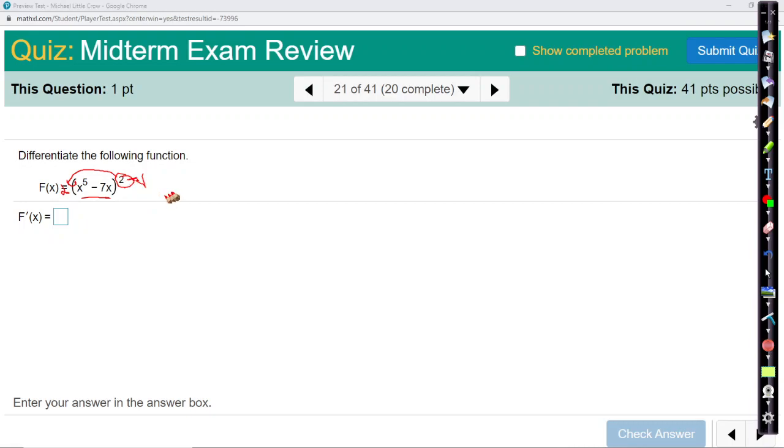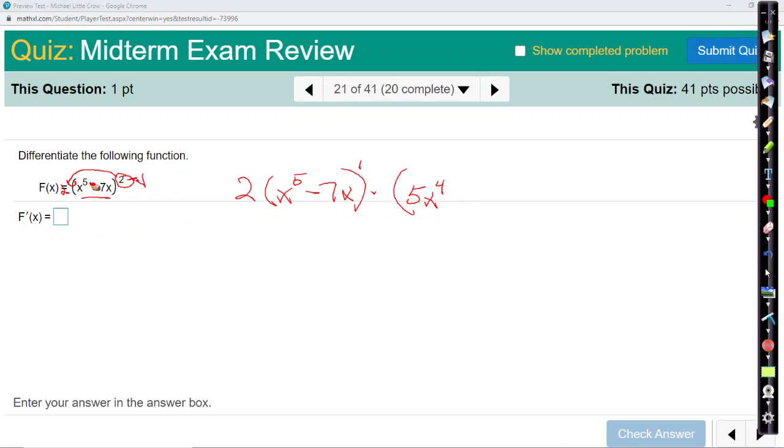And then we've got to remember the chain rule says then multiply by the derivative of the inside. So we get 2 times 5x to the 5th minus 7x all to the 1 power. And then we need to multiply by the derivative of what's on the inside. The inside is going to be 5, 5 comes down, x to the 4th, right?